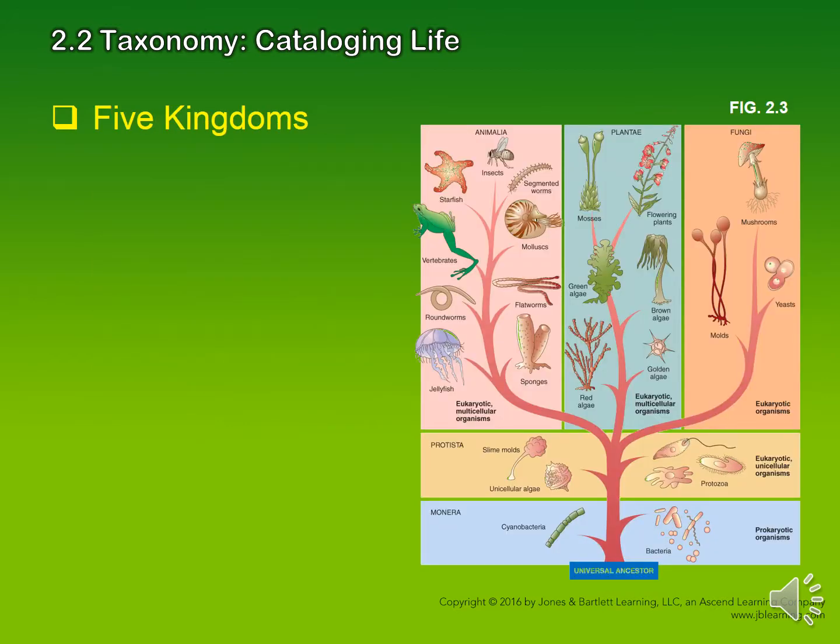Okay. And so here's a representation of the 5 kingdoms. Your animals, plants, fungi, and Monera are down here. I think we all understand what animals and plants are. Where it gets a little more funny is in the molds, in the fungi.